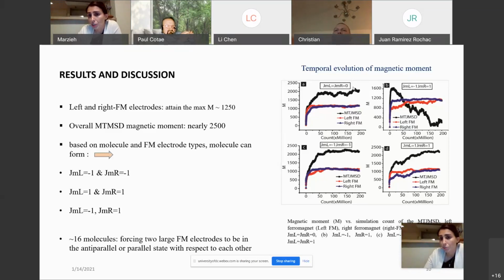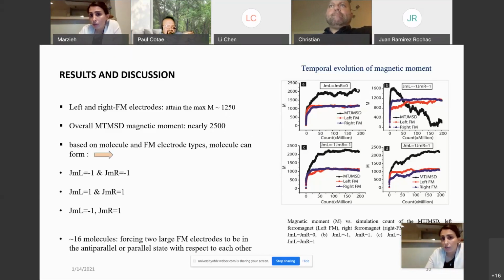So JML and JMR are both equal to 1. We know that each electrode is composed of 1,250 atoms, so the maximum magnetization that each electrode can attain is 1,250. In total, the whole device can have about 2,500 magnetic moment magnitude.